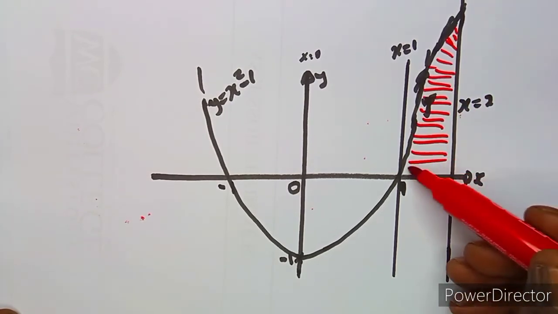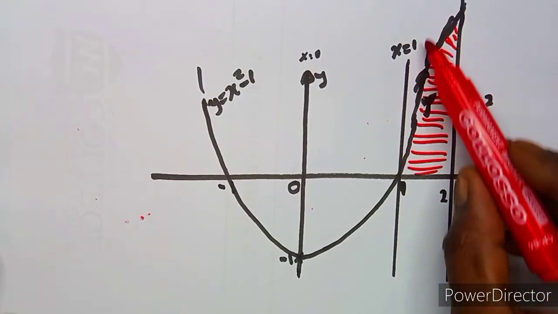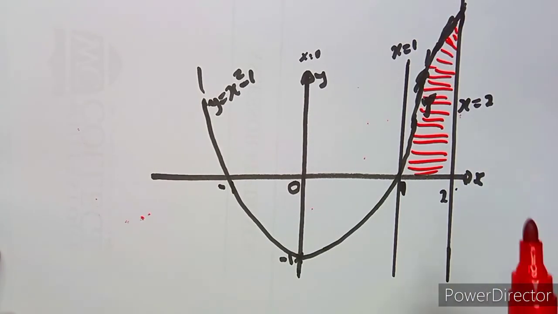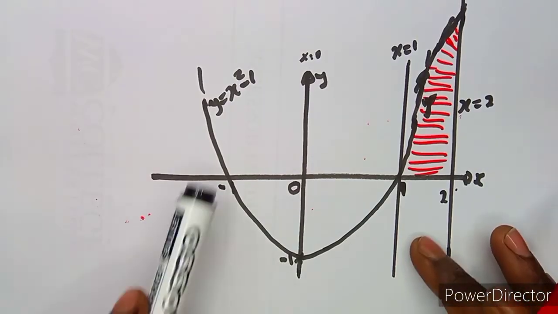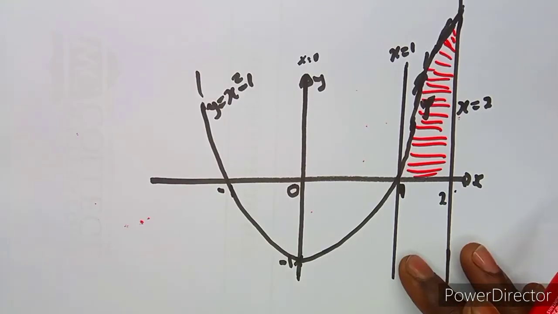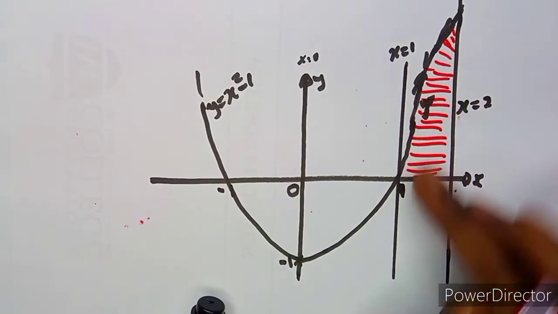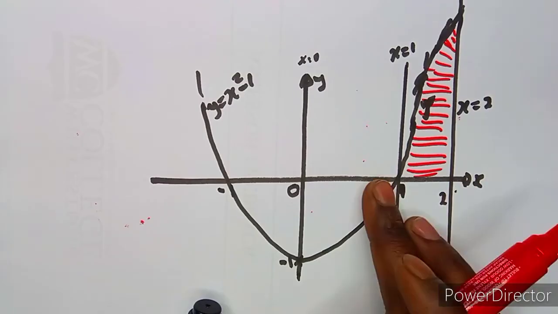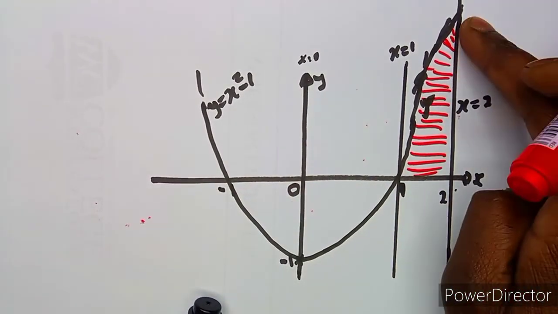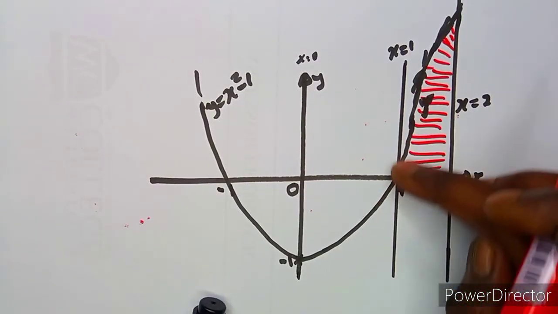Take note, this one is not covered because there is no x-axis here, so you can't talk about this. This one is below the graph, it's not covered. This one also is not covered because the x-axis is here. So it must be closed by the x-axis, the line of x is equal to 2, x is equal to 1, and the graph.